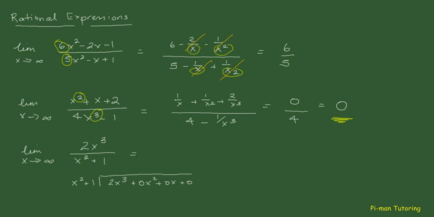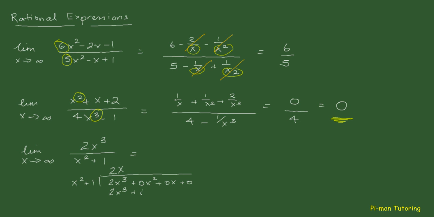Well, x squared going into x cubed, we know that we need at least x of those. We've got 2x cubed, so the x squared will go in 2x times. And then let's see what we're left with. 2x times x squared gives me 2x cubed.